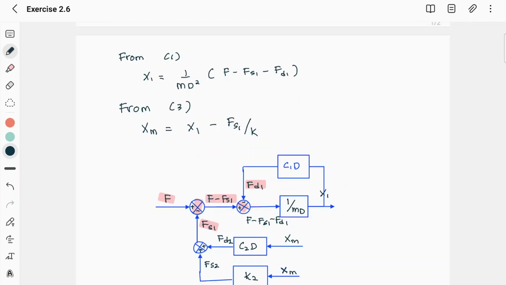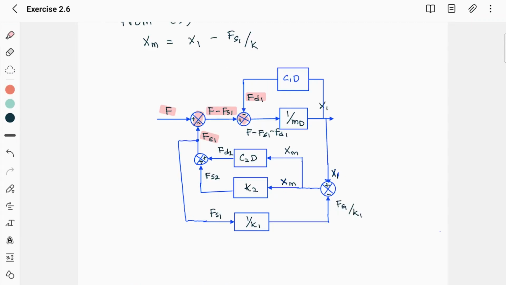From equation 3, we rewrite equation 3 for xm, where xm is equal to f1 minus Fs1 divided by k. Using the equation for xm, we'll be able to solve for xm and close all the arrows.